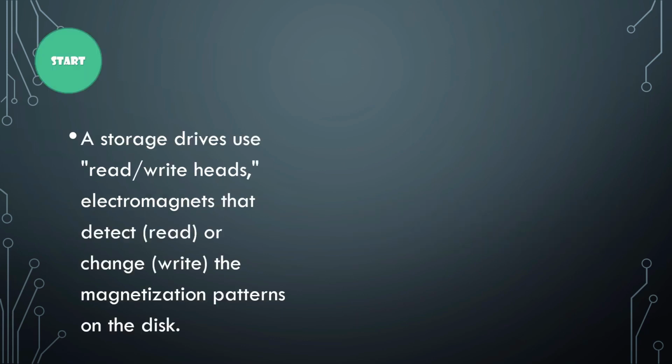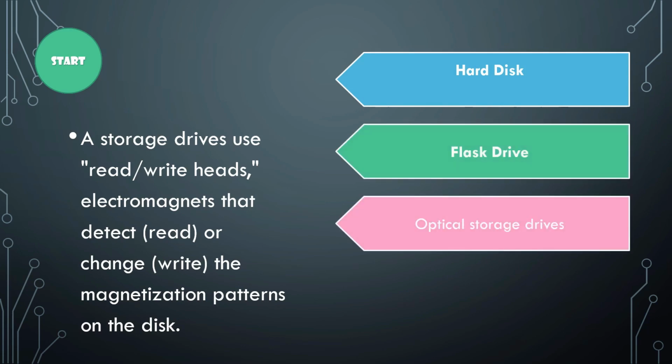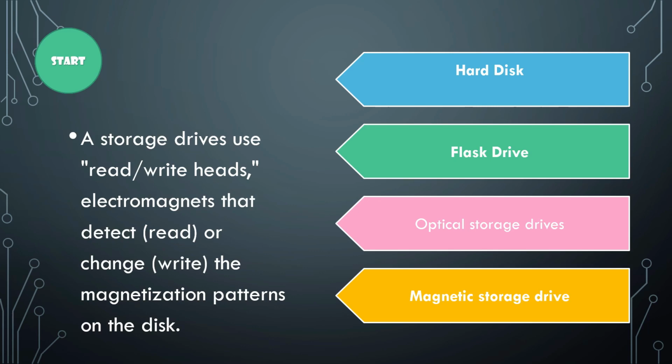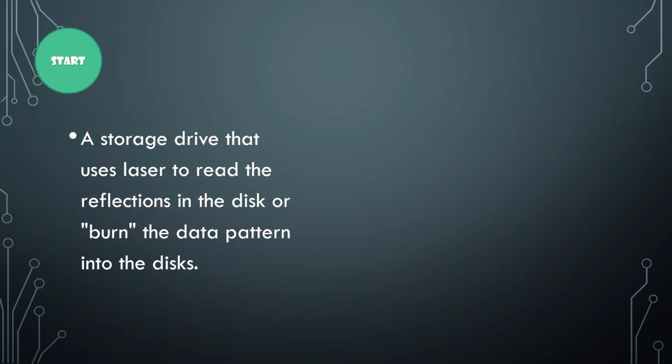Which storage drive uses read or write heads, electromagnets that detect or read, or change or write the magnetization patterns on the disk? Is it hard disk, flash drive, optical storage drive, or magnetic storage drive? What is your answer? The correct answer is magnetic storage drive.